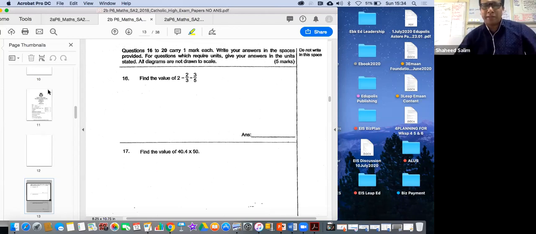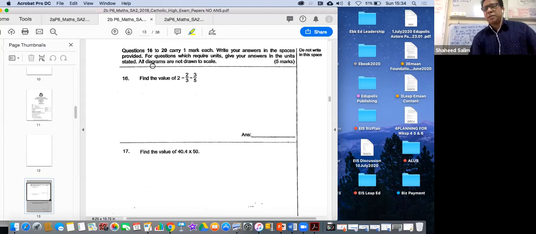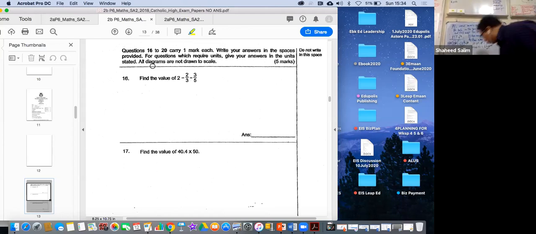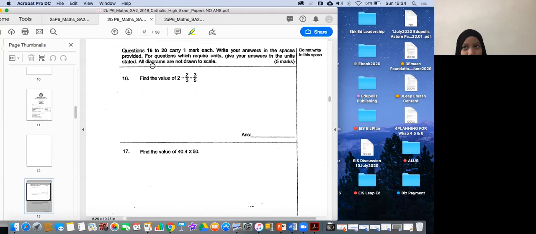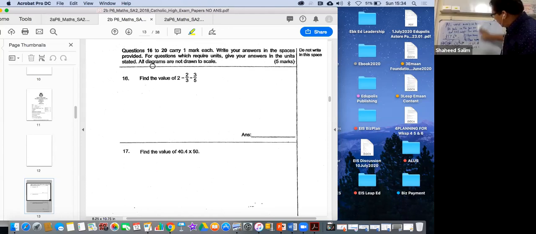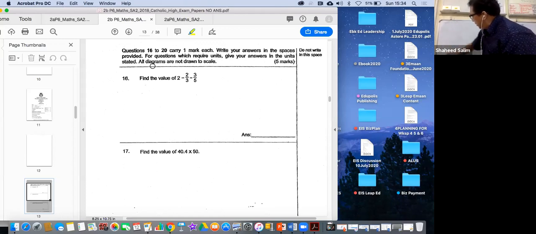But what you mean is your internet is lagging? Okay, Zahira, what's your answer? It's basic, this one, simple ones. You have to be able to do. My answer is 11 over 15. Okay, 11 over 15. Zahira, what's your answer? Rahana?